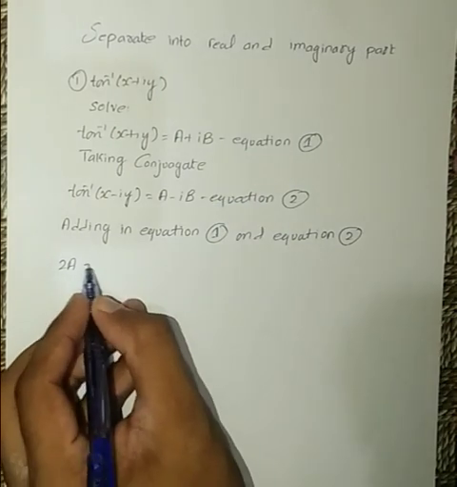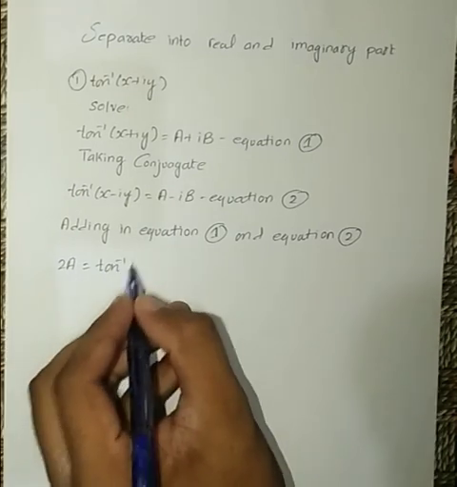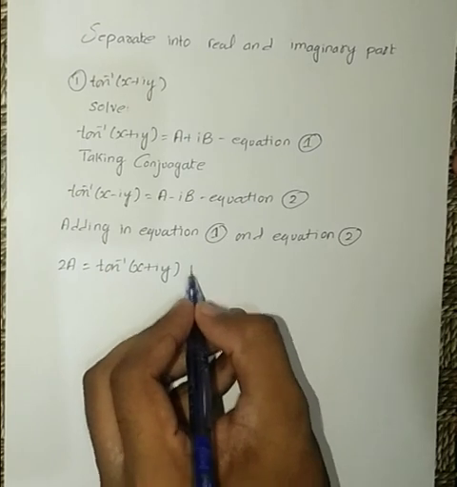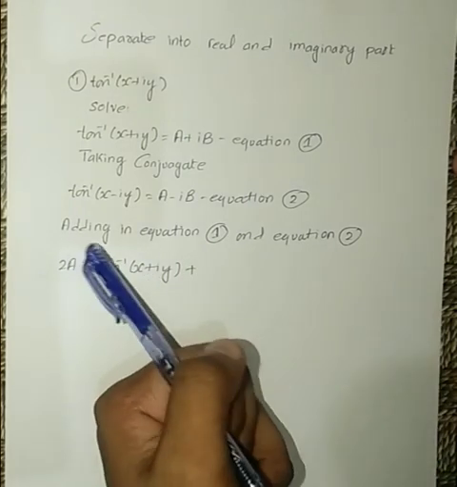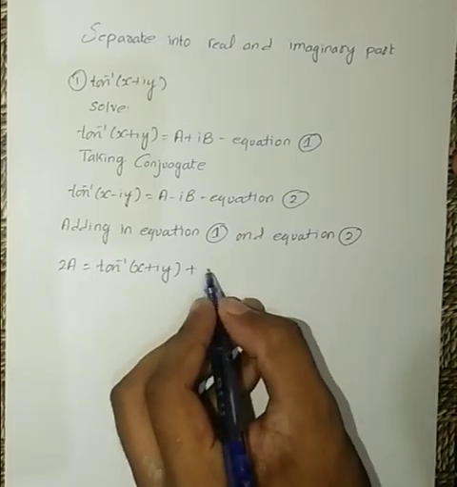And 2a equals tan inverse of x plus iota y, and the sign is positive because we are adding the equations, not subtracting.